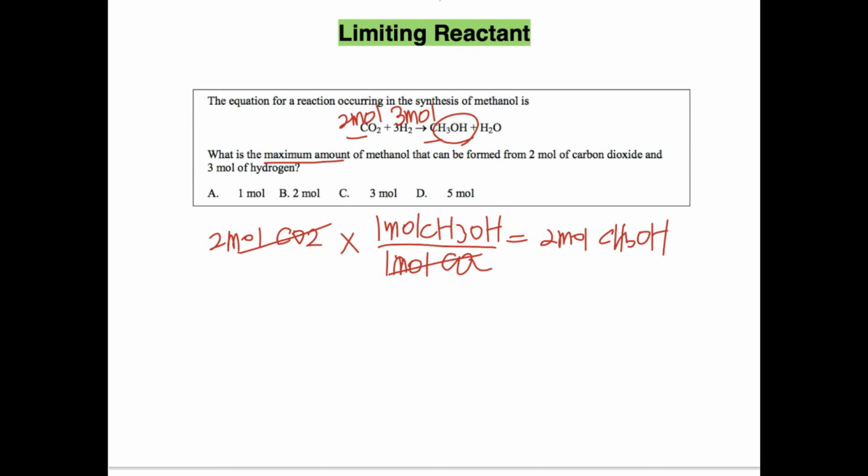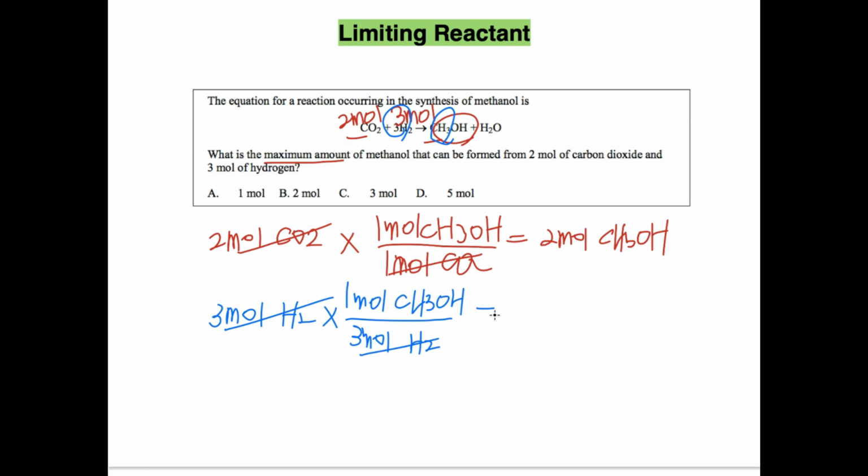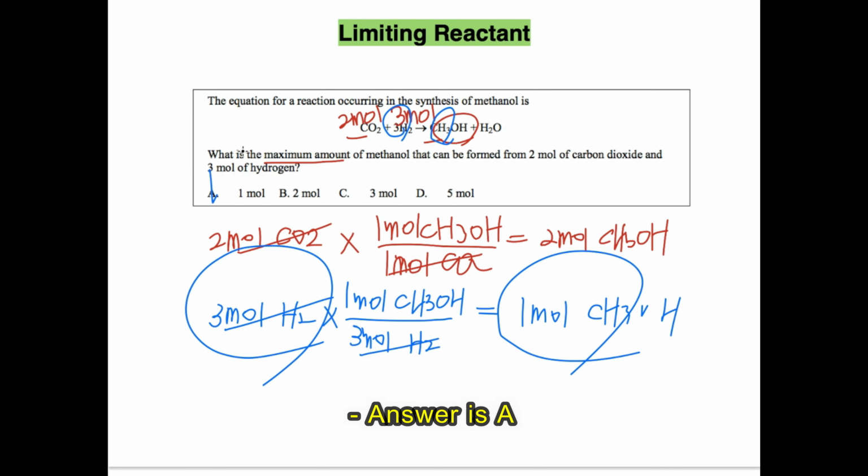How about hydrogen? 3 moles of hydrogen, but it is in a 3-to-1 ratio with methanol. So 3 moles here and 1 mole. Moles of hydrogen will cancel out, and we will be left with 1 mole of CH3OH. So what is the limiting reactant? It's going to be hydrogen. And what is the maximum amount of methanol that it can form? 1 mole, right? So the answer is A.